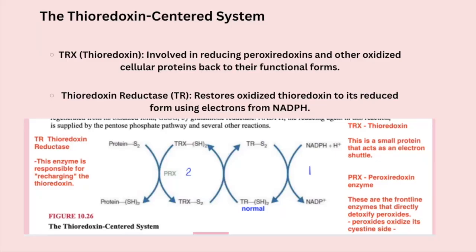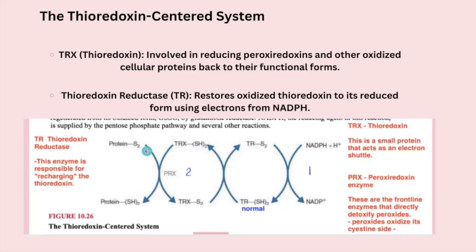As we know, we have a lot of proteins that have thiol groups, right? And also in the body, in the cells, we have groups that are dependent on the thiols. So as you see here on the left, we have a protein with an S group, using the thioredoxin reductase, TR.